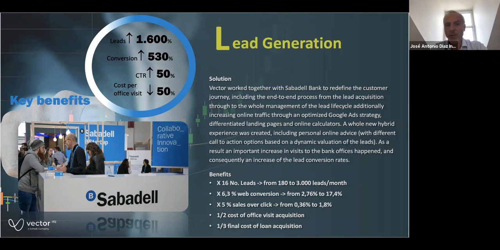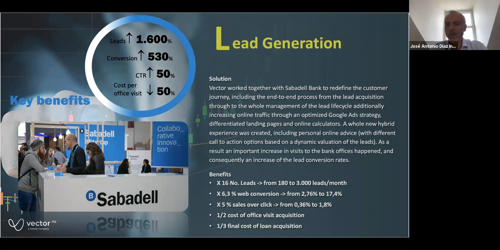1,600% increase in leads. The conversion ratios improved by 530%. Even the costs of selling a mortgage were reduced by 50%.